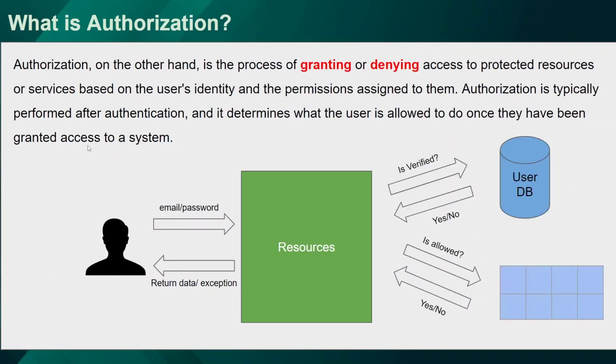And authorization comes along with authentication, which means it adds an additional layer. In authentication, it checks the verifiability of the user, and in authorization it checks whether the user is actually allowed to use that resource or not.